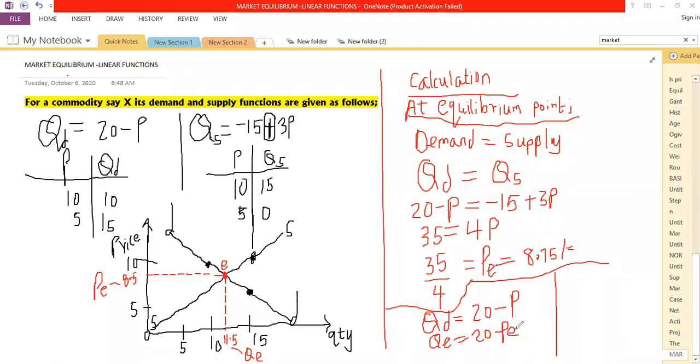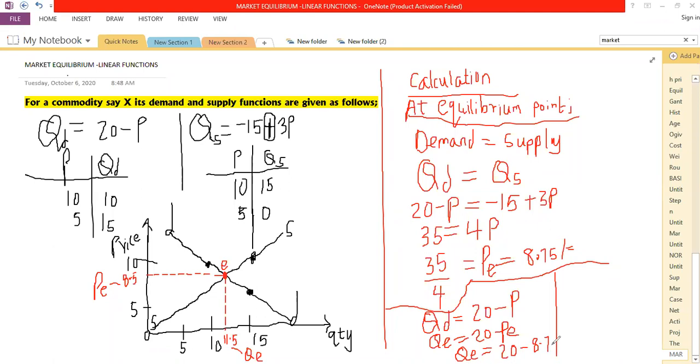Why did I substitute the P when I'm computing the QE? Look at our graphical representation here. When price is at equilibrium point, we have the quantity known as the QE. They should go hand in hand. So to come up with our quantity here, we'll take the price so computed, which was coming to 8 shillings and 75 cents.